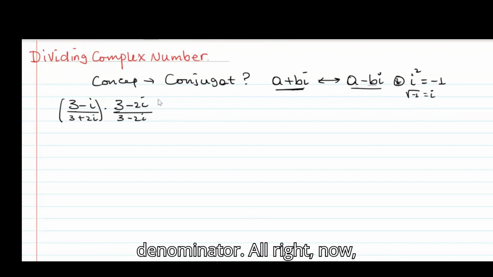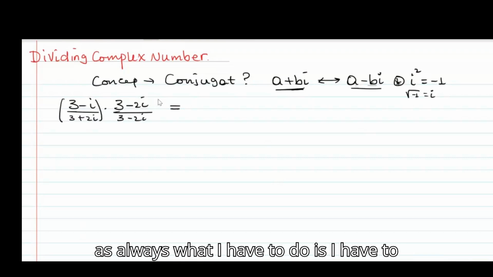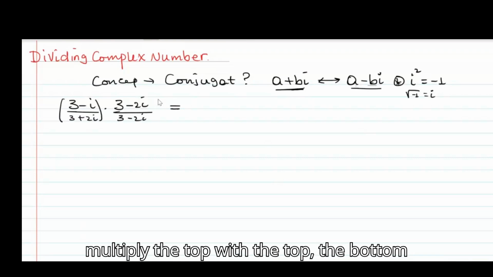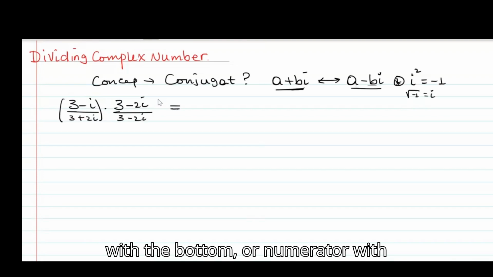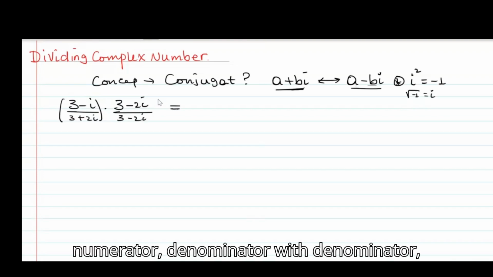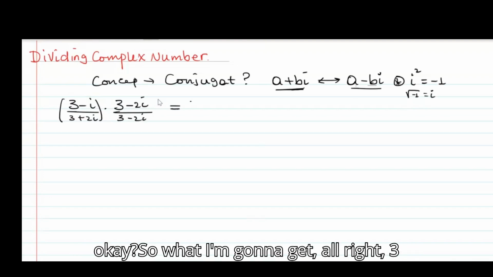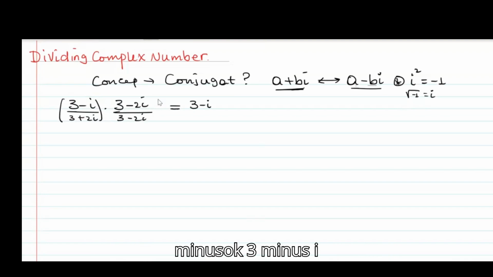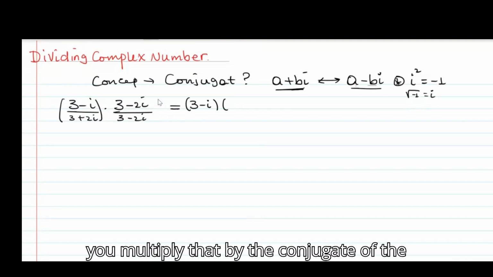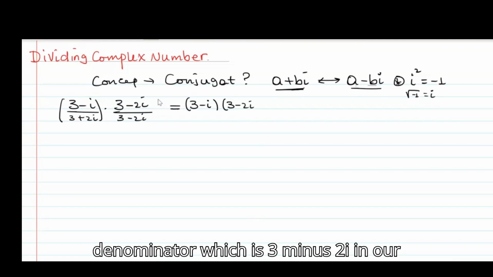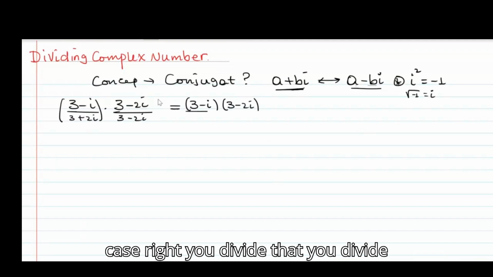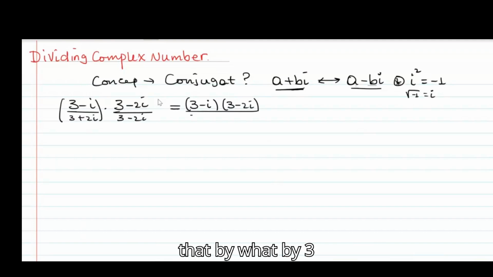As always, I multiply the top with the top, the bottom with the bottom, numerator with numerator, denominator with denominator. So we have 3 minus i multiplied by the conjugate of the denominator, which is 3 minus 2i in our case, divided by 3 plus 2i times 3 minus 2i.